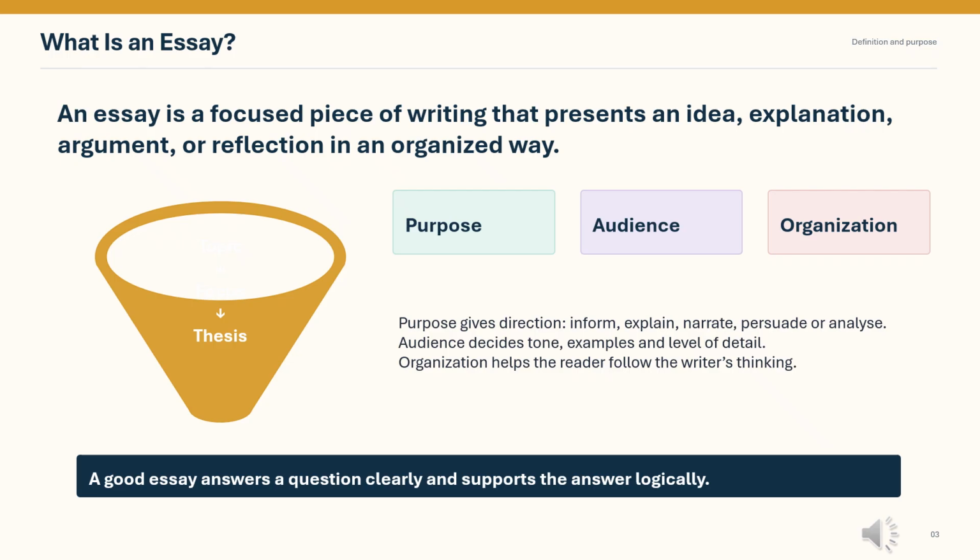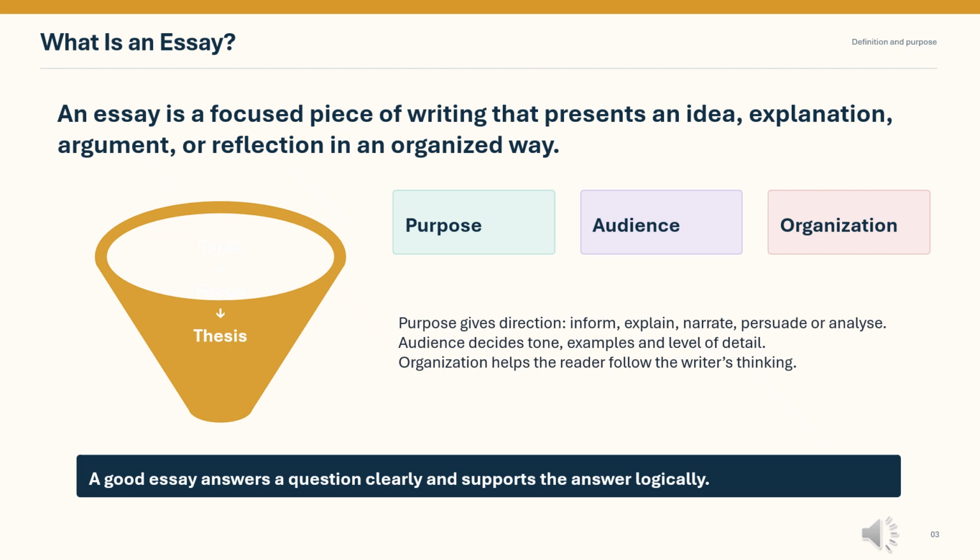To start with, let us focus on what is an essay. An essay is a focused piece of writing that presents an idea, explanation, argument, reflection, or experience in an organized way. Now, let us understand step by step. First, we begin with a topic.